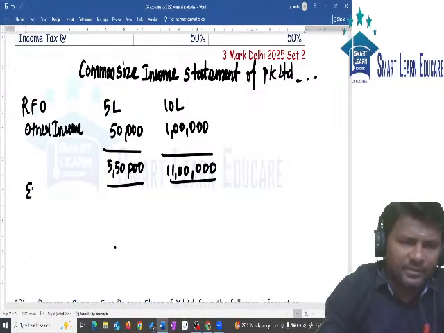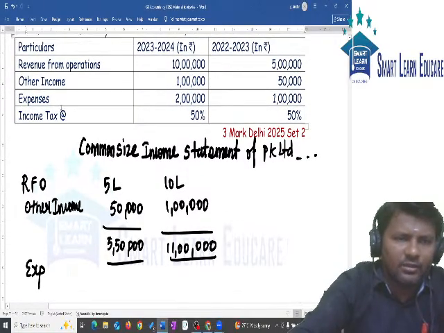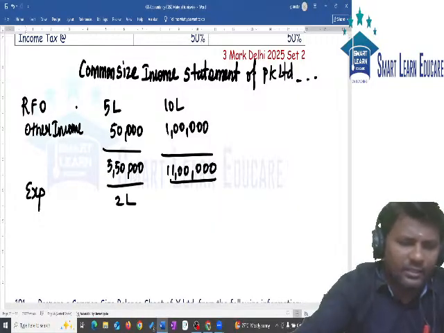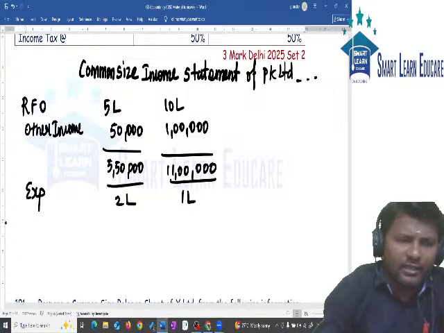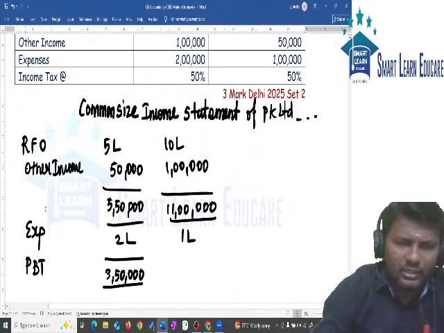And minus expense. What are the expense we have? Expense straight away given, it is 2 lakh, and what is the other expense? 1 lakh, and we have profit before tax. What is profit before tax?